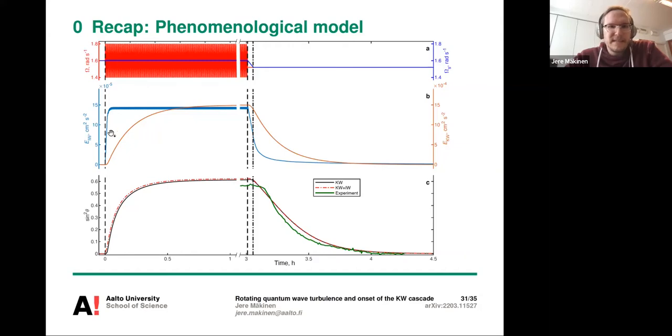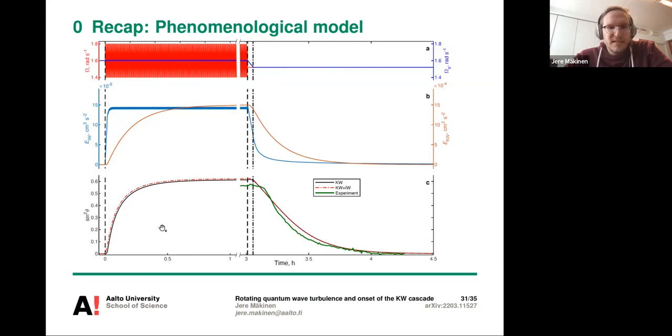In fact, this timescale coincides with the experimental one for saturation of the NMR signal, while the saturation of the energy in the Kelvin waves takes much longer. We also see that both of these start decaying essentially immediately as you ramp down the angular velocity to the final value.